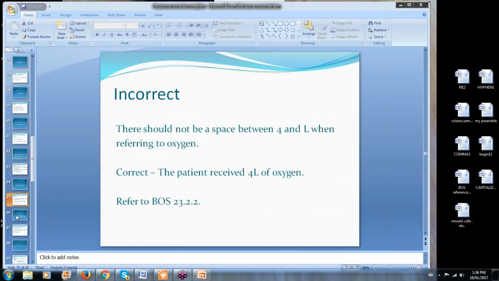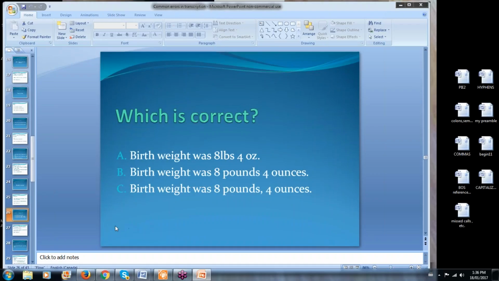Okay. All right, let's see what else we have here for you. Which is correct? Birth weight was 8 pounds 4 ounces, or birth weight was 8 pounds, 4 ounces.